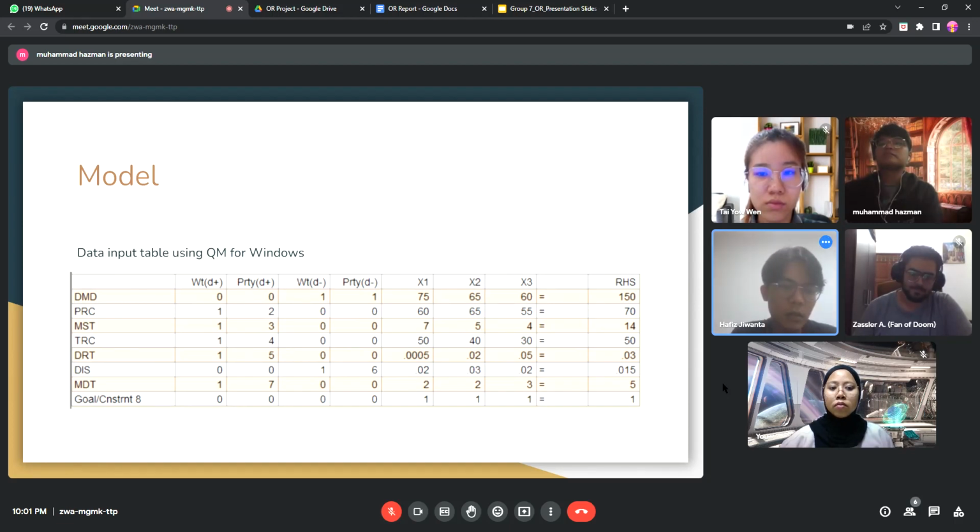The other constraint is to choose only one supplier for the solution, which is x1 plus x2 plus x3 equals 1. So next slide.